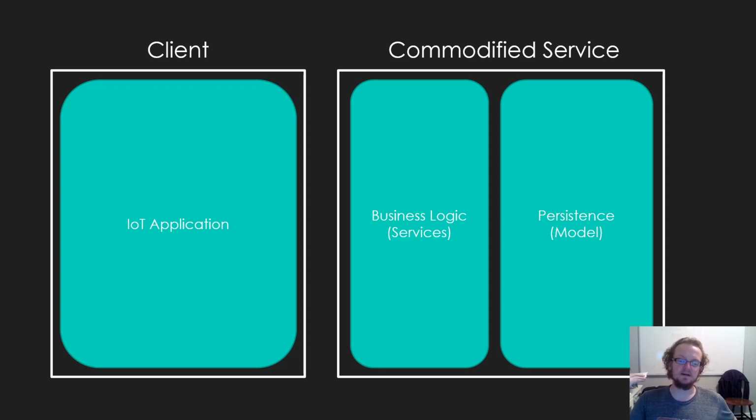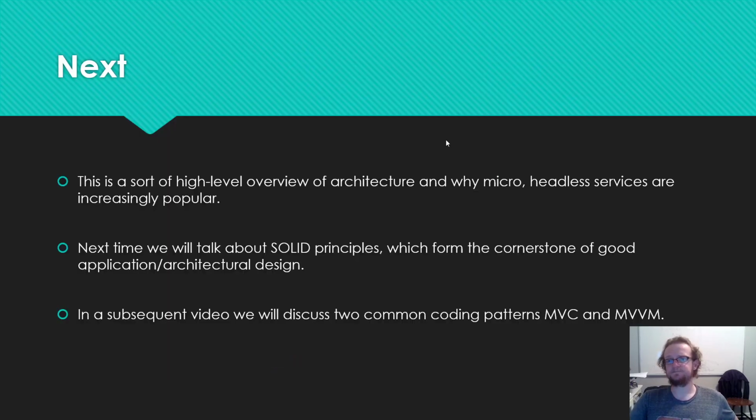Then they could turn around and charge you for searching that data in the cloud, or securing that data in the cloud, or sharing that data in the cloud. And each of these additional pieces of functionality are really just commodified services that they can bake to their heart's content, and then they can drum up a bunch of interest and then force you to buy them in some ways. So that is a huge reason why this kind of distributed commodified service concept is becoming so popular. And you can kind of see it makes a lot of sense.